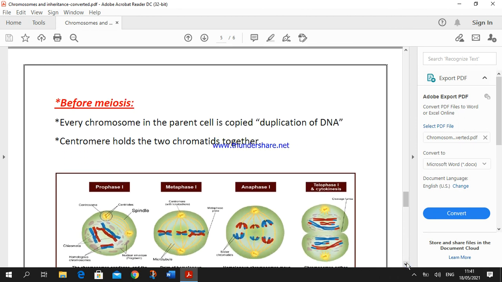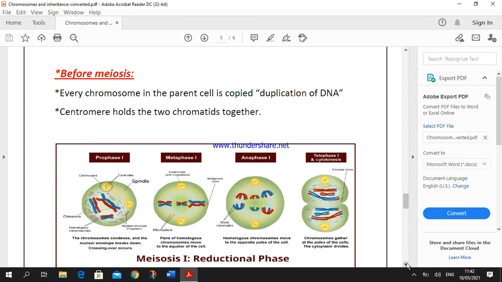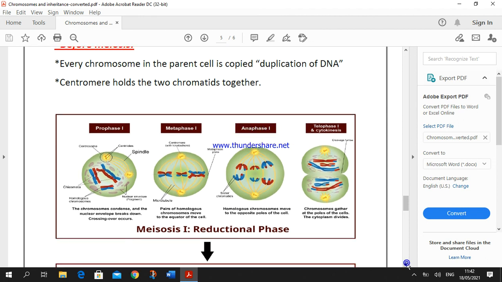Before meiosis, every chromosome in a parent cell is copied due to the duplication of DNA. And the centromere holds the two chromatids together to form a chromosome.